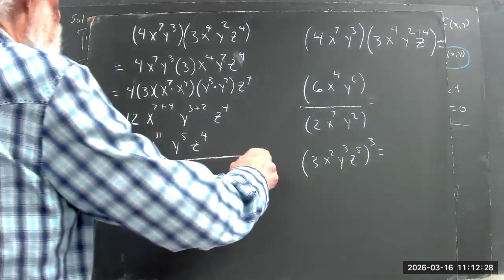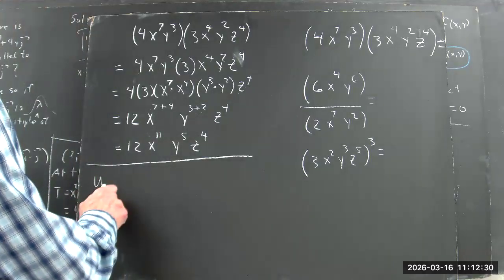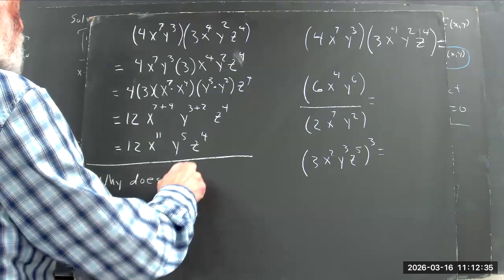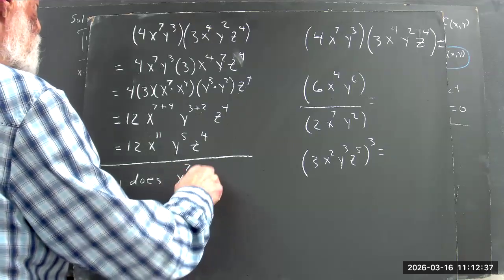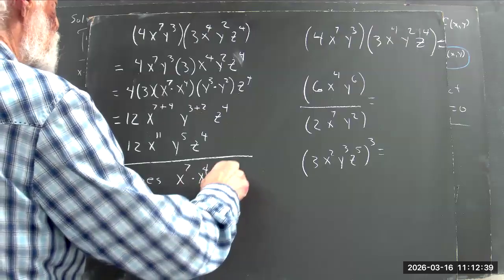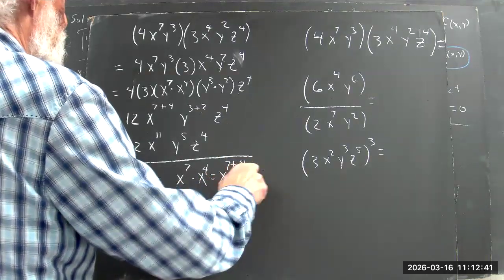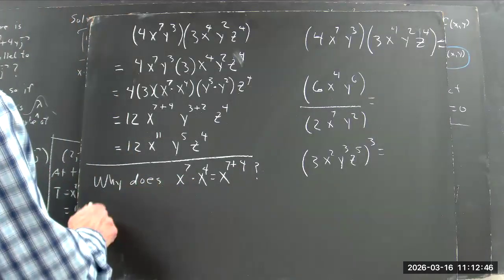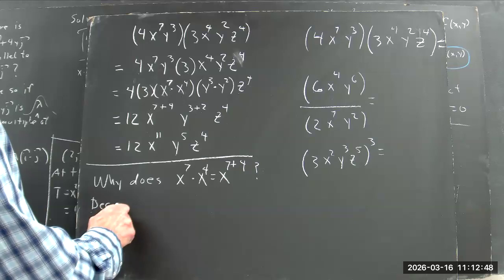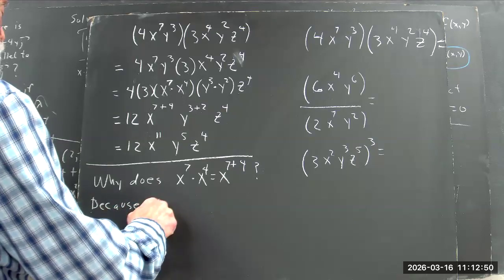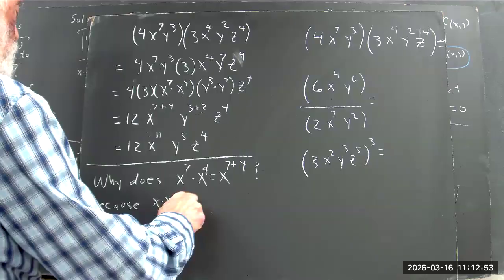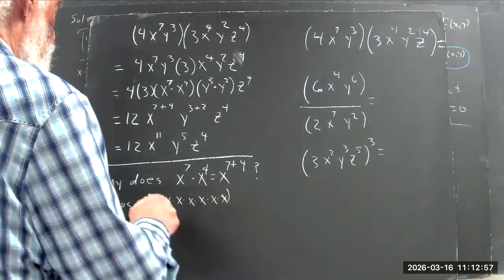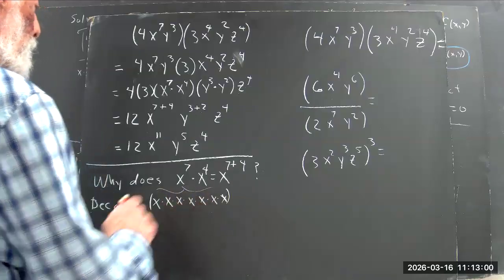Okay, now let's make sure we understand why. Why does x to the 7th times x to the 4th equal x to the 7 plus 4? Well, because if I write out x to the 7th, right there is x to the seventh, right?